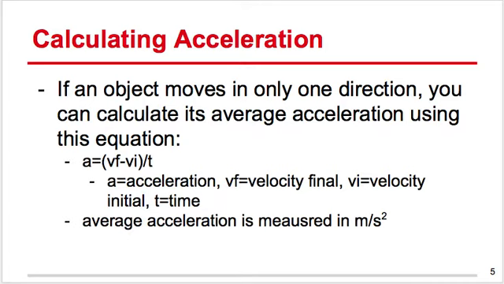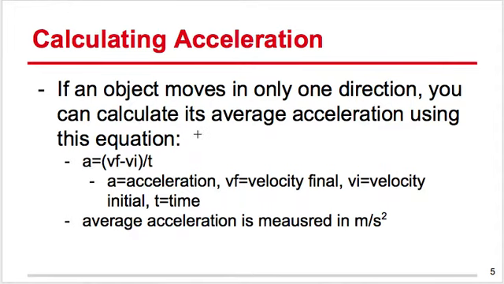So, calculating acceleration. If an object moves in only one direction, you can calculate its average acceleration using this equation. a is equal to v sub f minus v sub i divided by t.